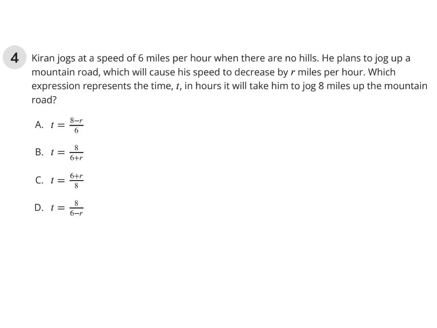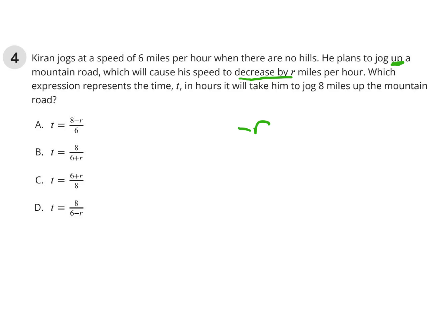Okay, Karan jogs at a speed of 6 miles per hour when there are no hills. He plans to jog up. Key word in this sentence is the word up. Up a mountain road will cause his speed to decrease by r. Decrease means minus r. Which expression represents the time in hours it will take him to jog 8 miles up a mountain road?